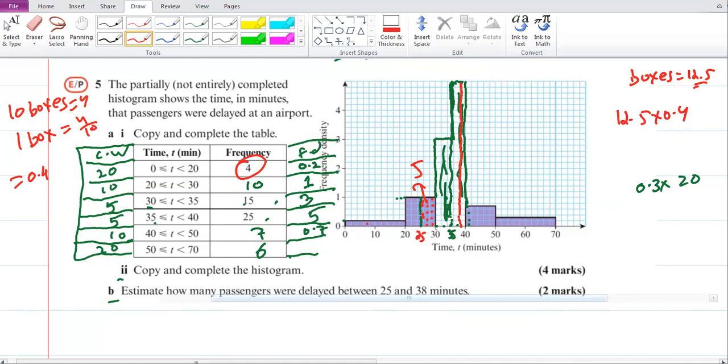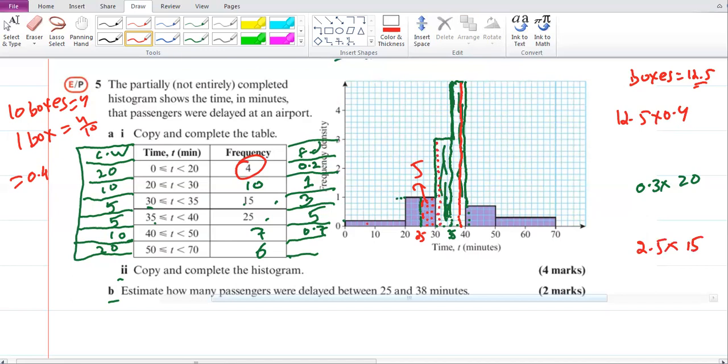Now I will calculate from 30 to 35. From 30 to 35, calculate the number of boxes. The number of boxes in this case are again, let's see, 1, 2, and this is 2.5. Yes, 2.5 multiplied by how many in height: 1, 2, 3, 4, 5, 6, 7, 8, 9, 10, 11, 12, 13, 14, 15. 15 are on that side.